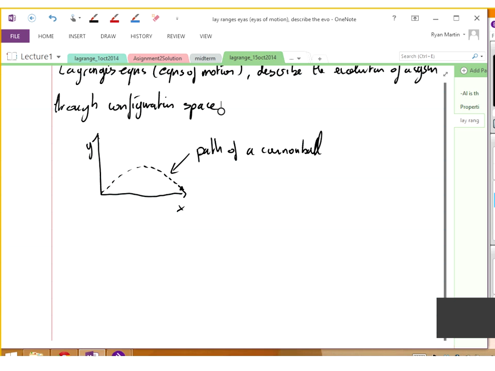Now, you can consider adding time as an additional coordinate in your coordinate system.